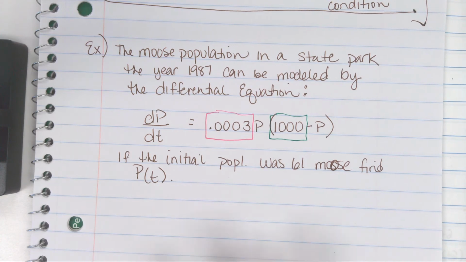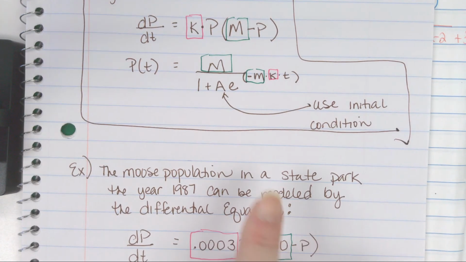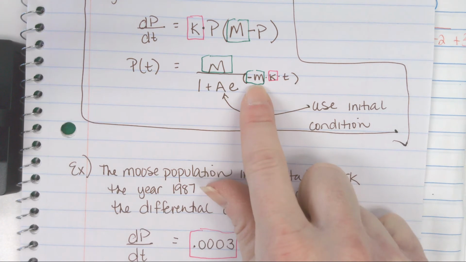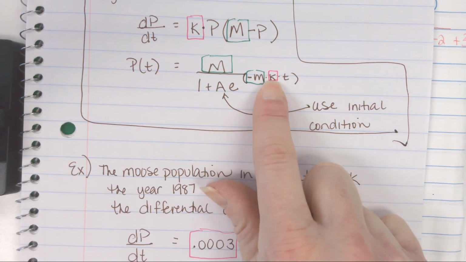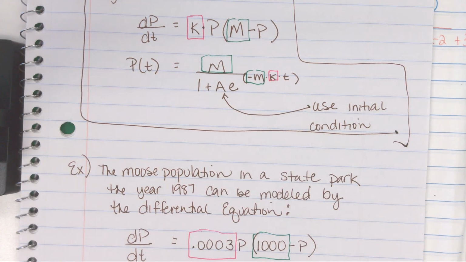From above, that 1000 is going to go up here, the 1000 is also going to go here, and then the k is going to go here. I don't know A yet.